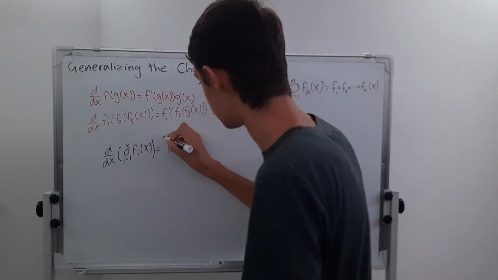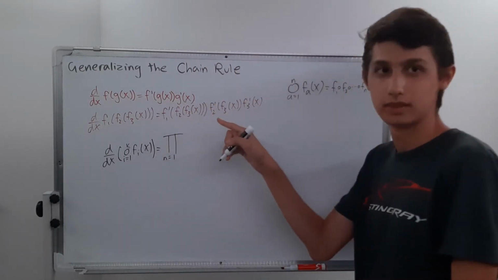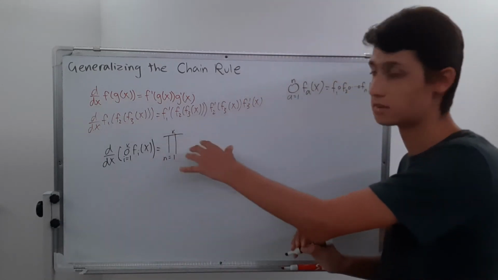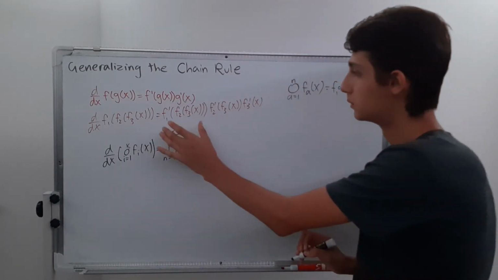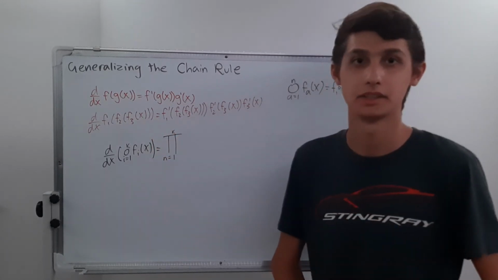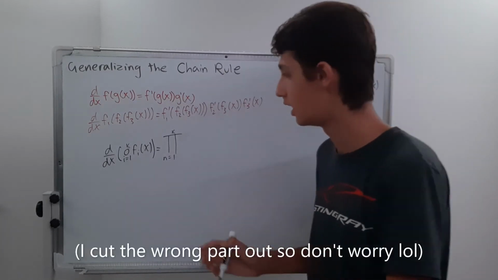We're going to start with n equals 1, all the way to k, which is the amount of functions we have, and also the amount of terms separated by the multiplication. Alright, actually I was going a little off track. I was doing something a little bit wrong.